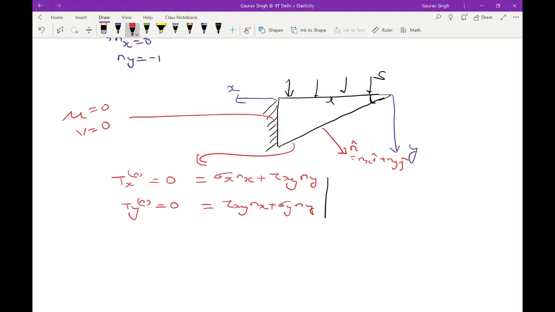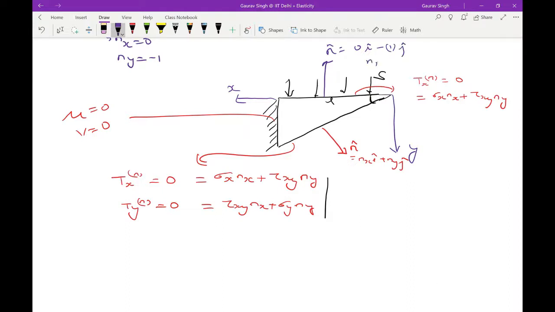Now let's see the third phase. In this one, the traction in the x direction is clearly equal to 0. So that would mean that sigma x nx plus tau xy ny. Now the outward normal in this case is this, that is 0 i cap minus 1 j cap.